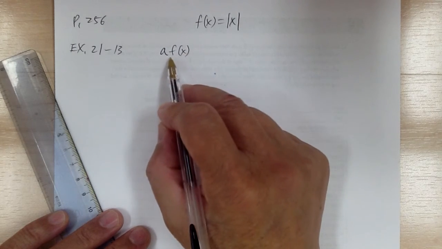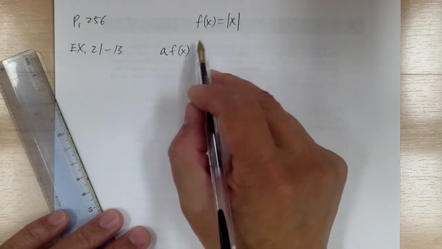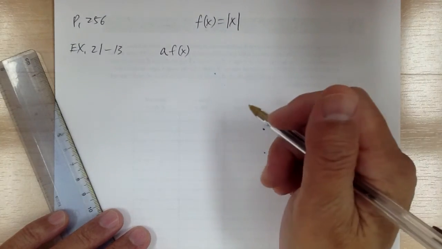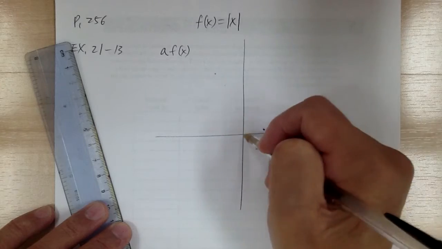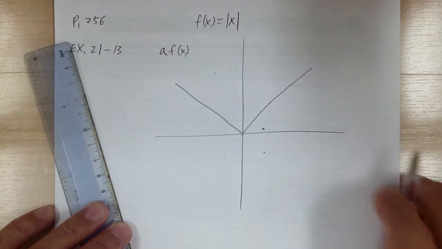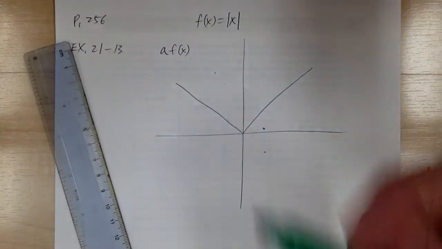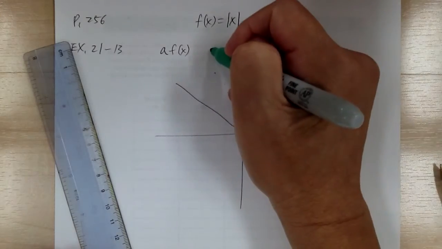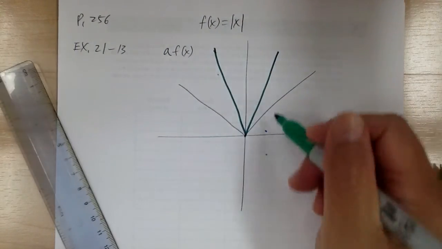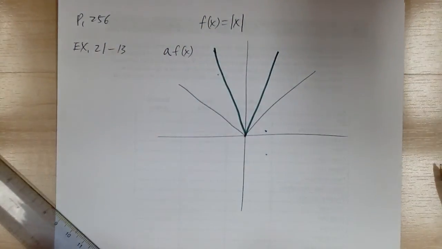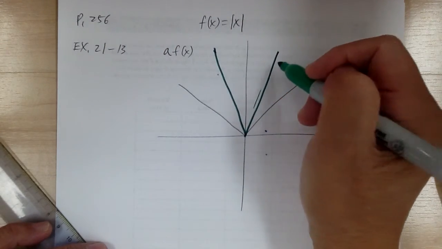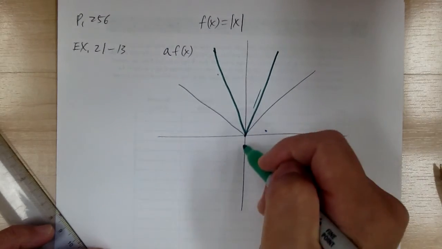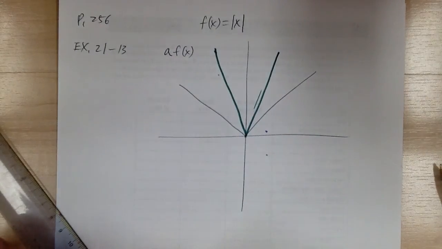So basically you graph regularly and just flip it over. So instead of this kind of situation, if you multiply by a number, it may become like this instead. It depends on what the multiplier is. Let's say a equals 3, so you're going to get a slope equal to 3, and everything gets flipped over that way.